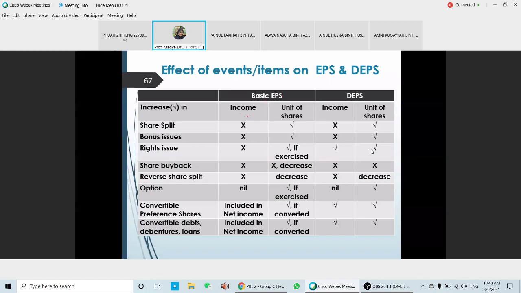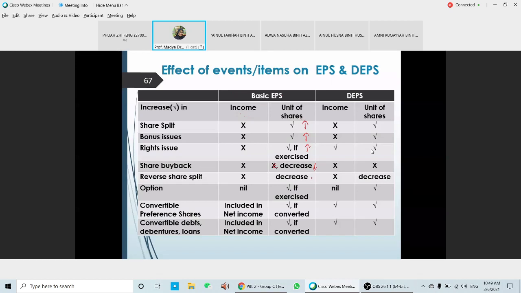Yeah, summary. What is going to affect your calculation of basic earning per share? Okay, effect to the income: only if there are convertible preference shares and convertible debt, if those are converted. And in terms of effect to the number of shares, share split is going to increase the number of shares, bonus also increases, and exercise of options also increases. Share buyback is going to reduce the number of shares.